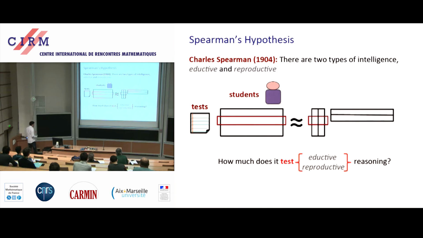You could hope that there's some nice rank 2 factorization where, for a particular row which represents a test, you can think of that row as indexing into the first of these matrices, and it's just a length 2 vector that represents, for a given test, how much it tests inductive reasoning and how much it tests reproductive reasoning.